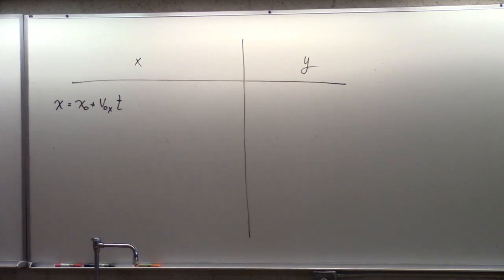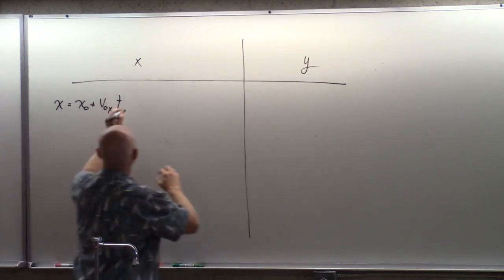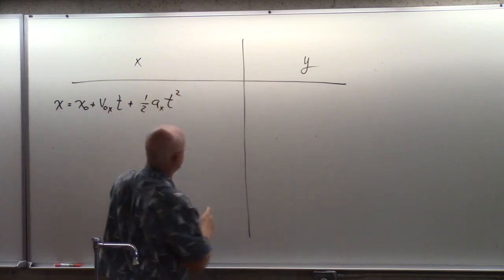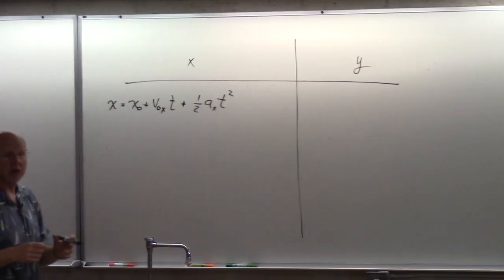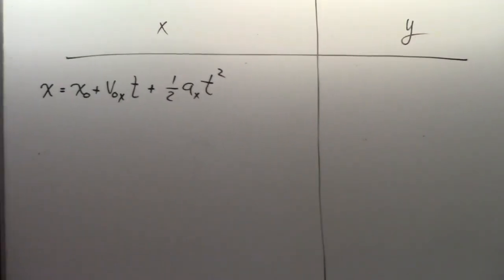All right, well, let me keep writing this out. Initial velocity in the x times t plus 1/2 a_x t squared. So that's kinematic equation number 2. Now maybe I skipped over a little bit of the obvious. Is this a constant acceleration problem? No. So we toss something across the room.